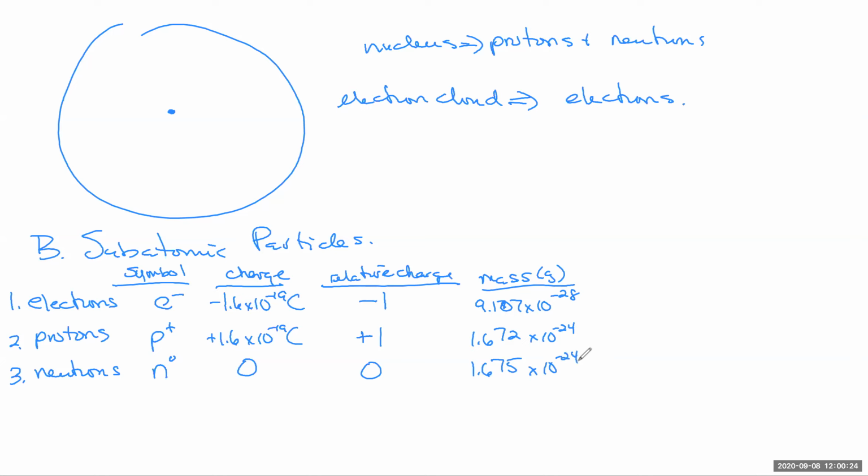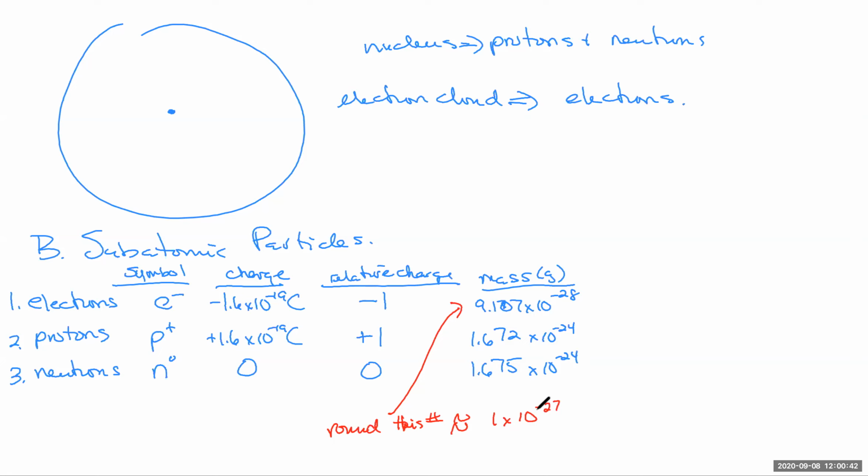So if we were to round this number, we could say 9 times 10 to the minus 28 is approximately 1 times 10 to the minus 27.